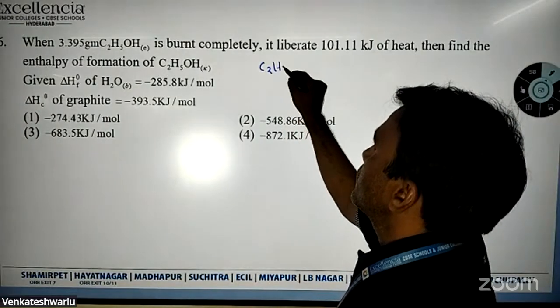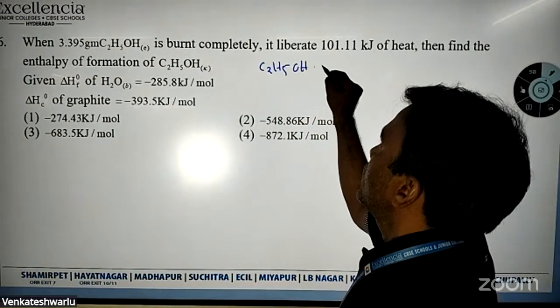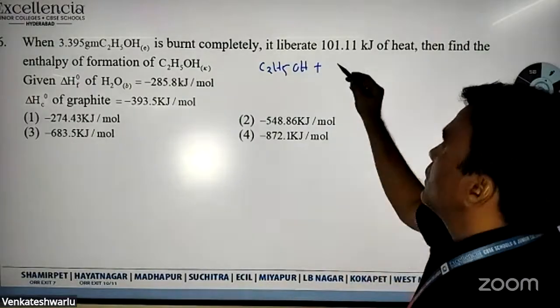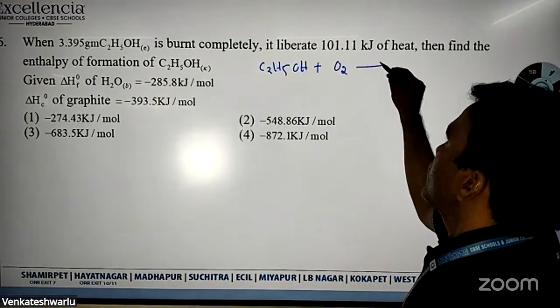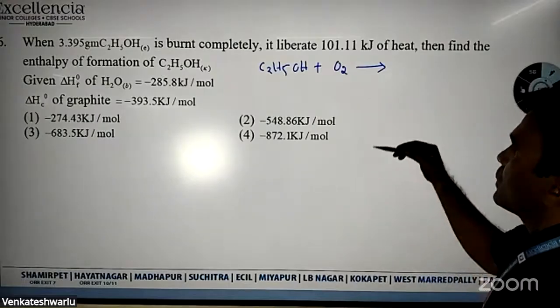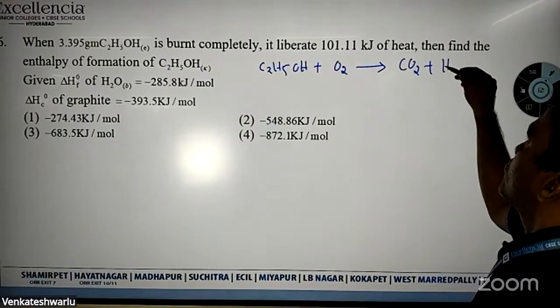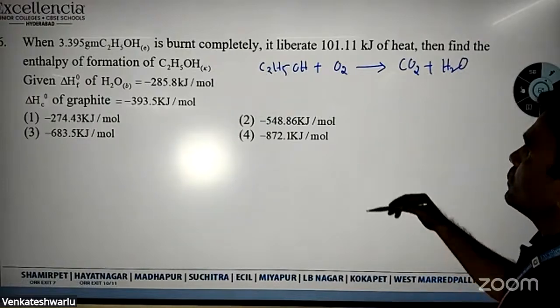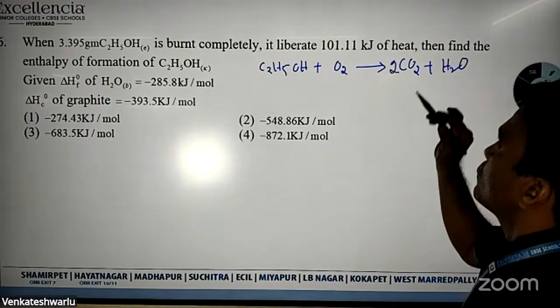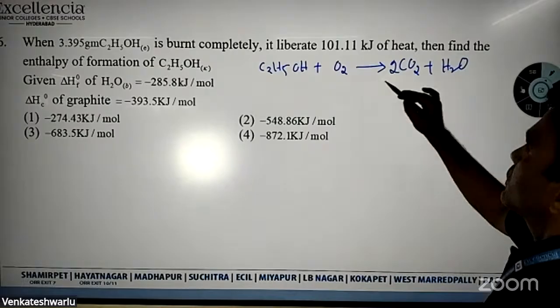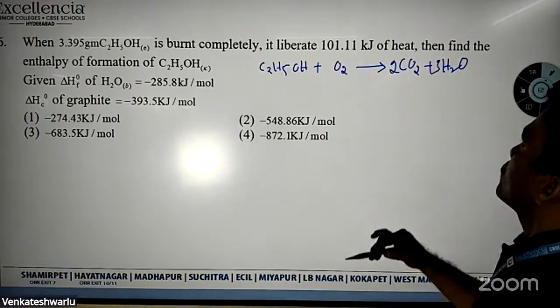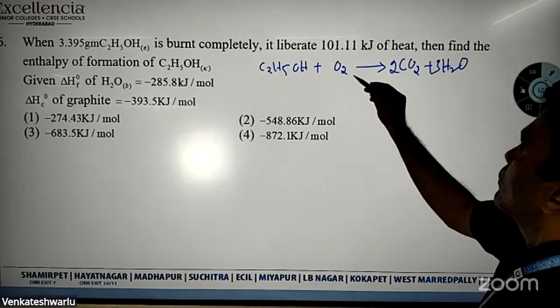That is the combustion reaction: C2H5OH plus O2 gives rise to CO2 plus H2O. Here two carbons are there, so let us take 2 CO2, and 6 hydrogens are there, so 3 H2O. Now 2 into 2 is 4, 4 plus 3, 7.